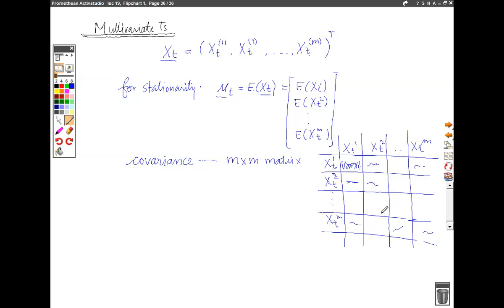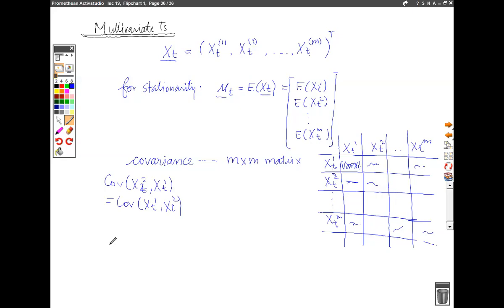So these kinds of matrices, if you ignore the diagonals, are symmetric. Remember, this covariance matrix will always be symmetric because you know that the covariance of xt2 comma xt1 is equal to the covariance of xt1 comma xt2.